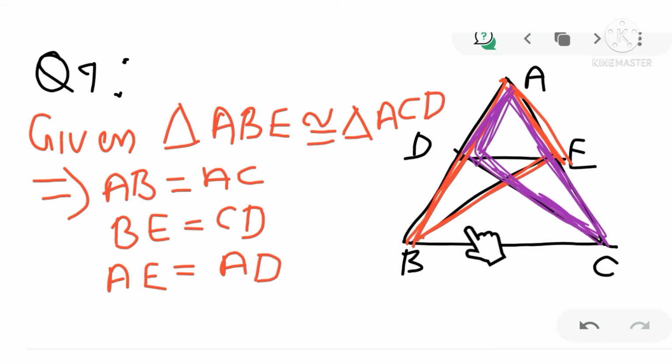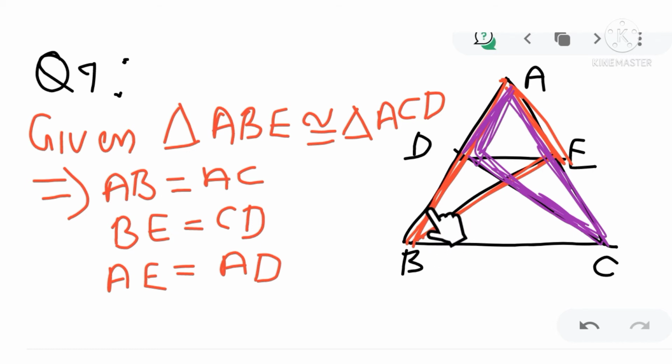Then in triangle ABC, AB is equal to AC. Then we can say that angle B and angle C are equal. Angles opposite to equal sides are equal, and it becomes an isosceles triangle.